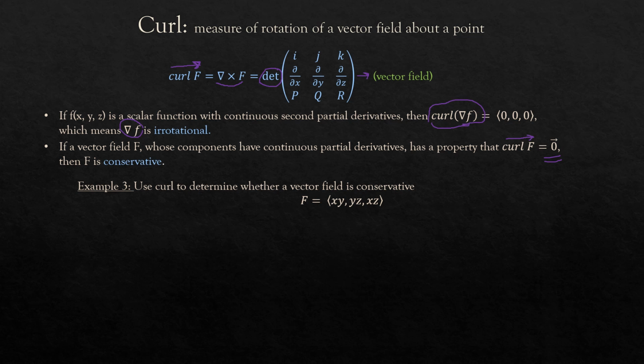So if you recall from our previous sections, we have a test that tells us how to determine if a vector field is conservative. Now what we're doing here is not fundamentally any different. We're just computing the curl of this vector field, and we're going to see if we get the zero vector.